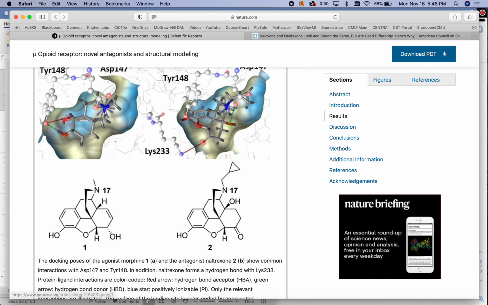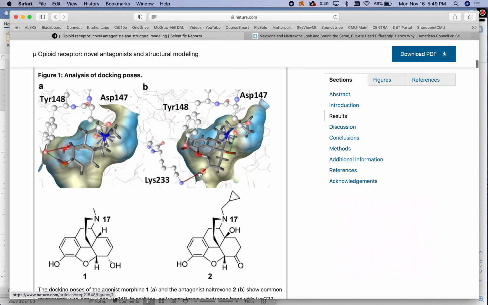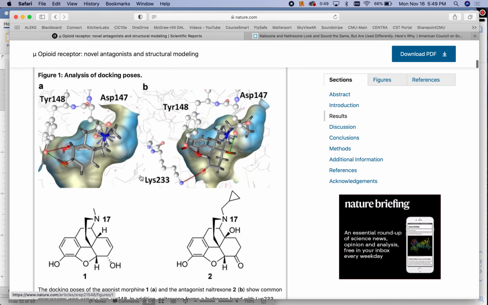It's binding to tyrosine, that one amino acid, but it's also binding to another, lysine amino acid. It's a similar binding effect, but different enough that it won't cause an overdose with the opioid.